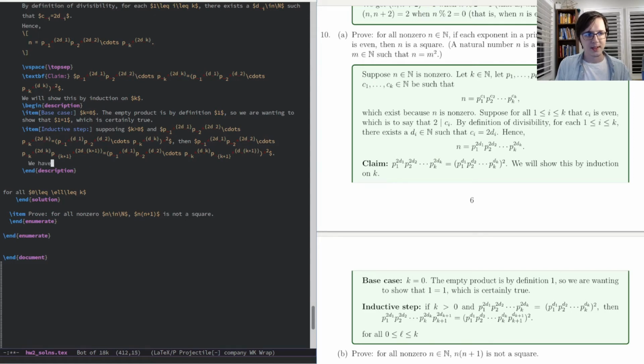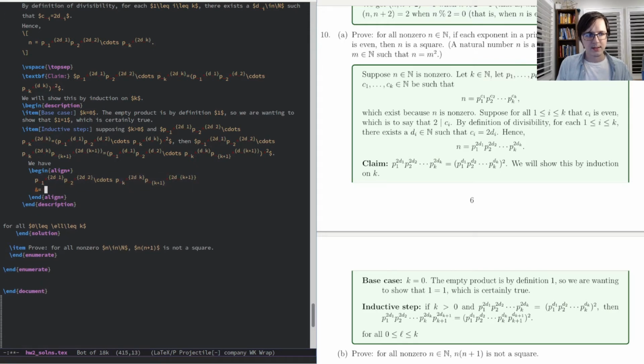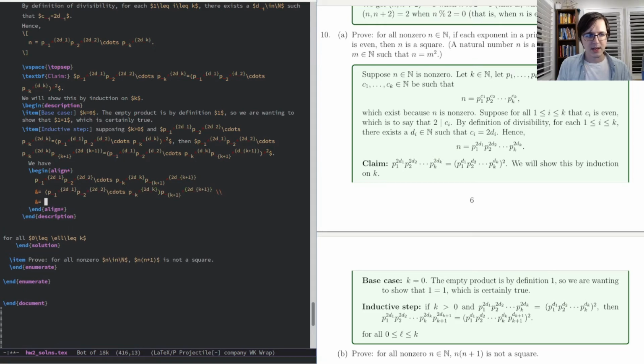Okay, let's calculate. So we want this left-hand side, and we'll do equational reasoning. Oops, copied a little too much. So I'm going to add parentheses here, because then by hypothesis we can replace it with the other side of that hypothesis.